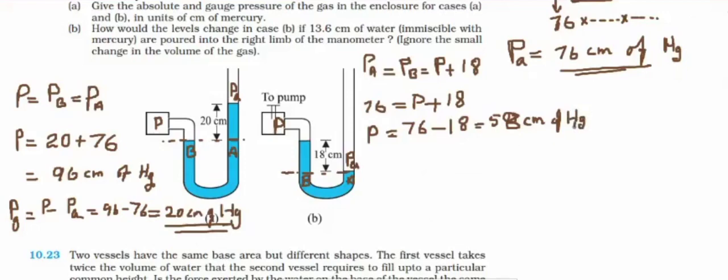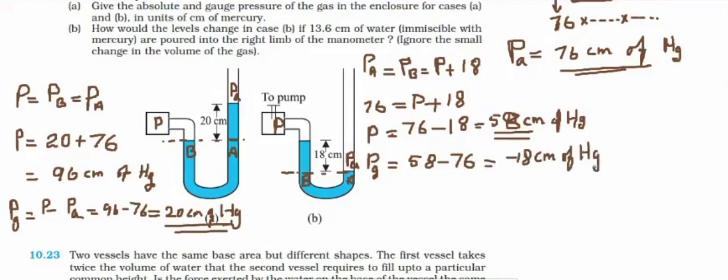That is the total pressure. Now gauge pressure is equal to total pressure 58 minus atmospheric pressure 76, so you will get minus 18 centimeter of mercury as the gauge pressure.